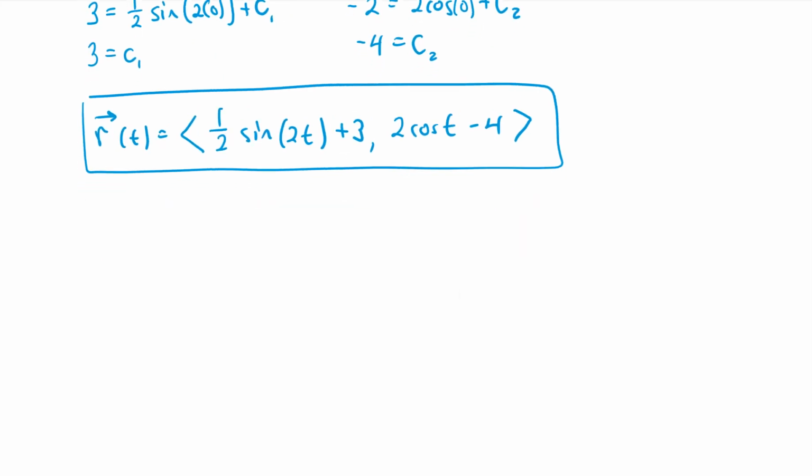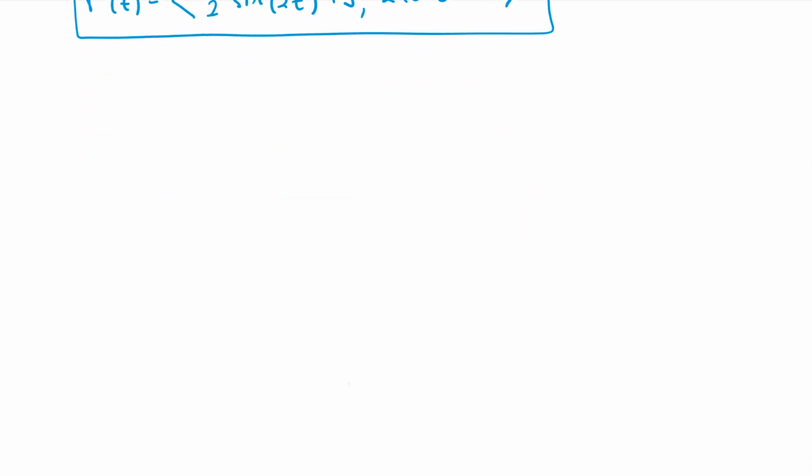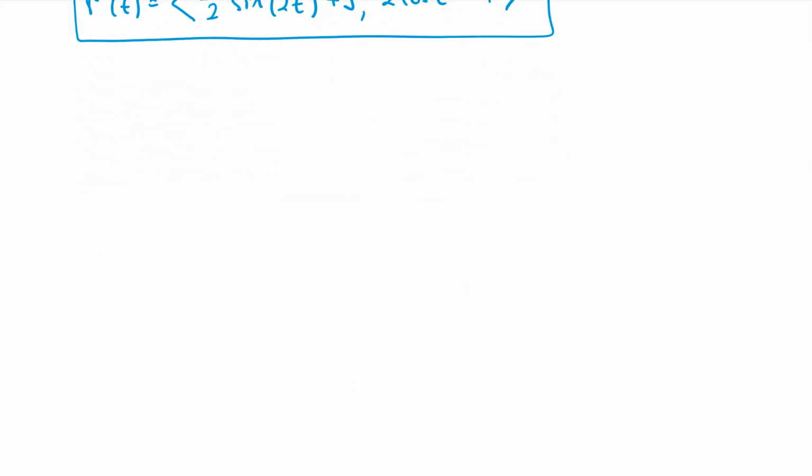Okay, the only other thing that needs mentioning is now that we know how to do derivatives, we can do motion. We can talk about an object that's moving along one of these curves.